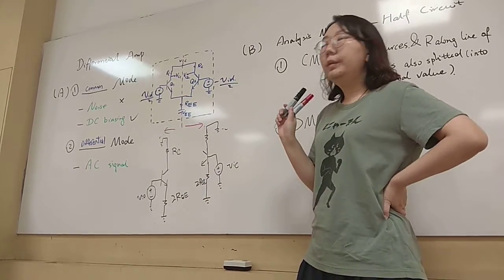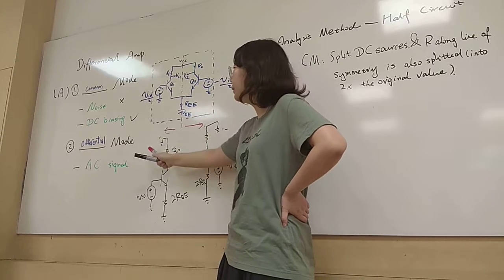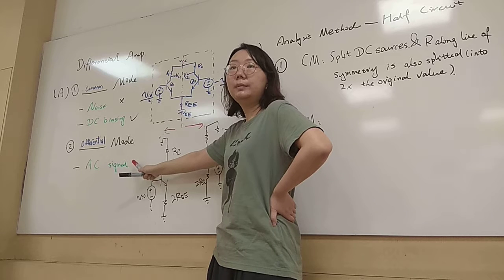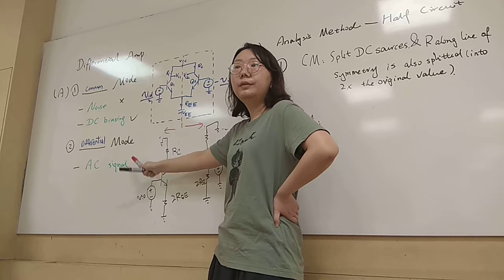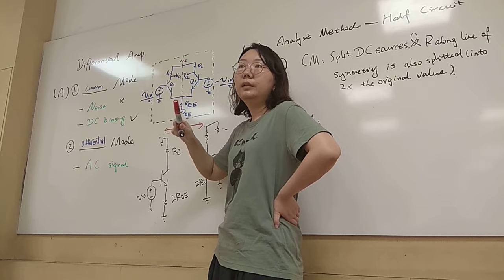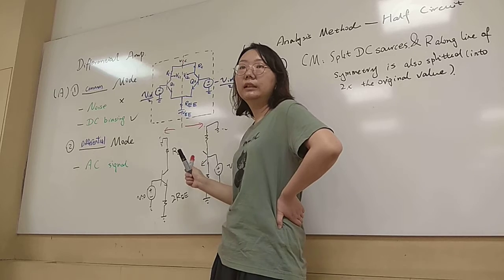So when we want to do the differential mode, for this course, differential mode only applies to AC input signals, right? So whatever rules you need to obey when doing your AC analysis, you also need to apply here.